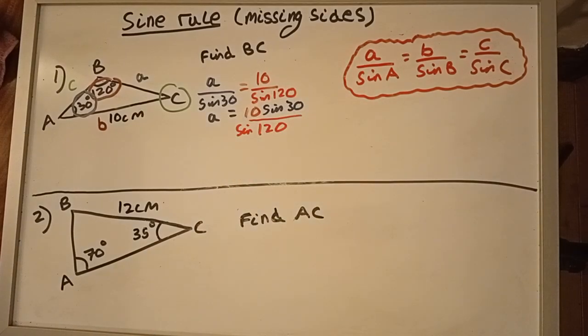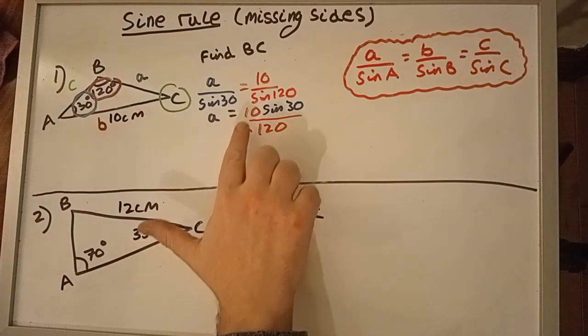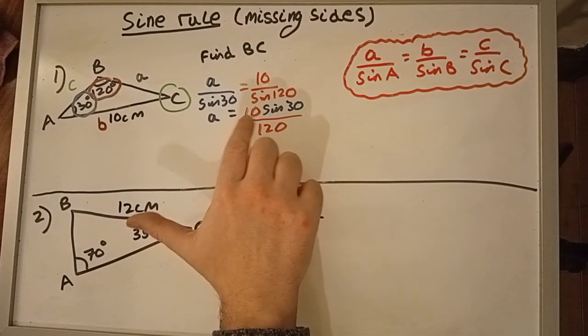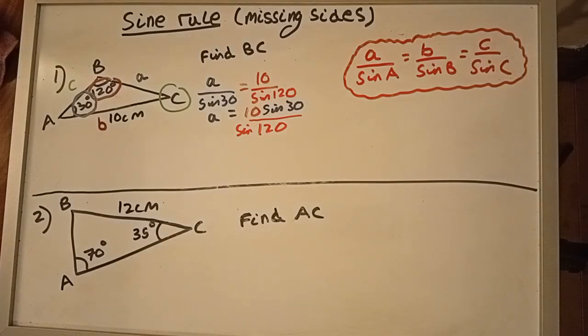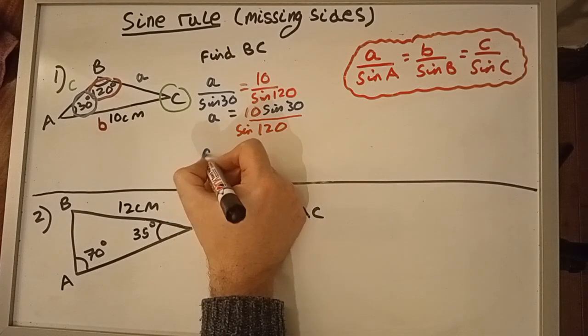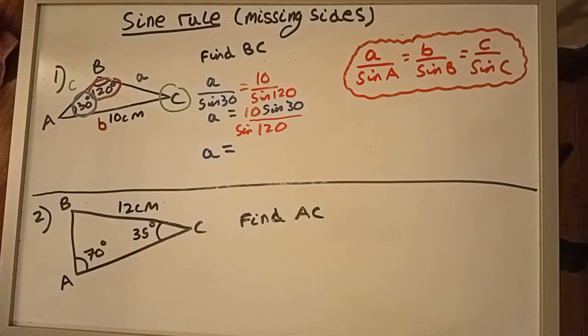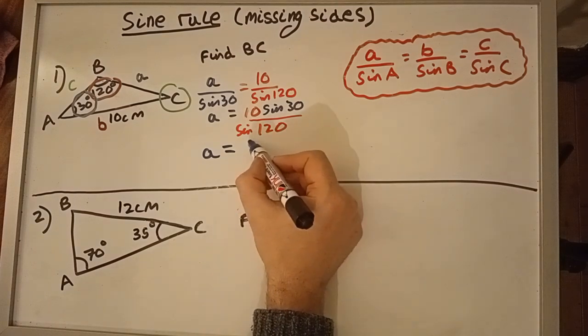There we go. So now all I need to do is type it in my calculator. I can use my fraction key, or I can do 10 sine 30 equals divided by sine 120. Both will work.